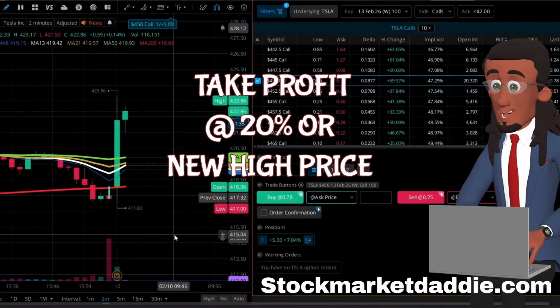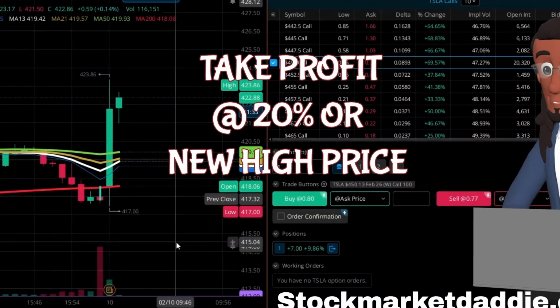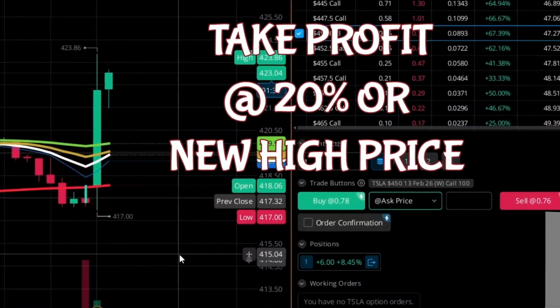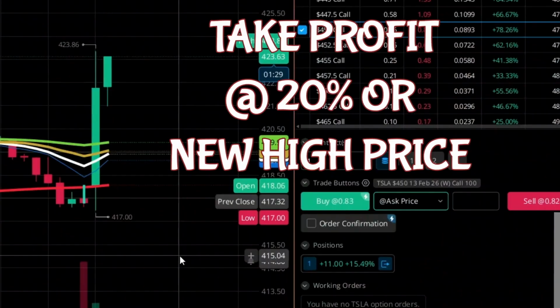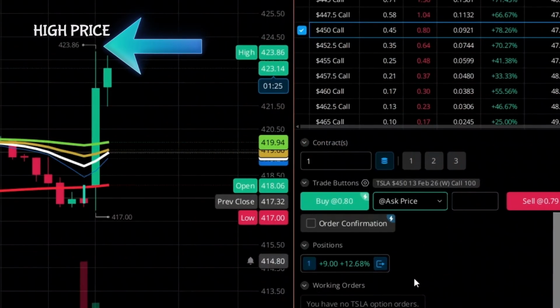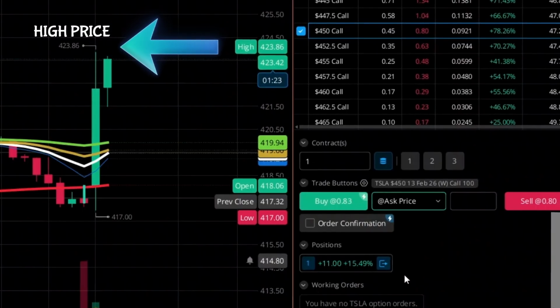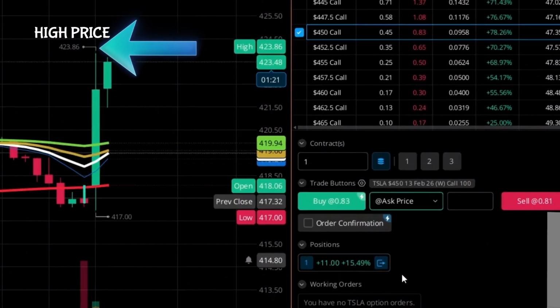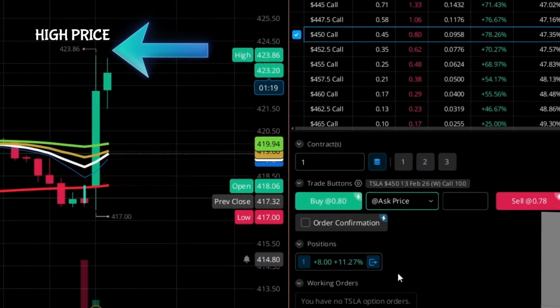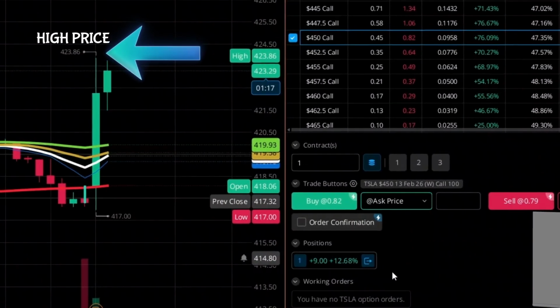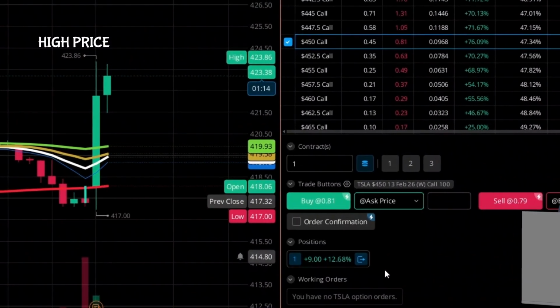We're gonna take profit or cut the play when we are 20% in profit, or if we see a new high price. So the current high price is $423.86.